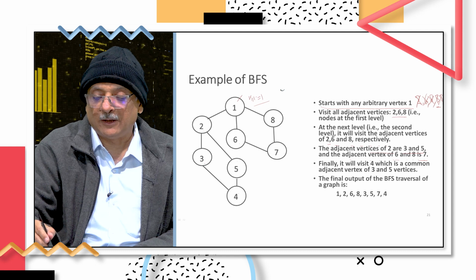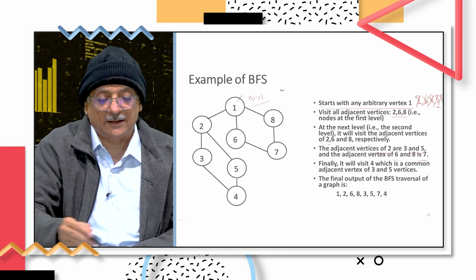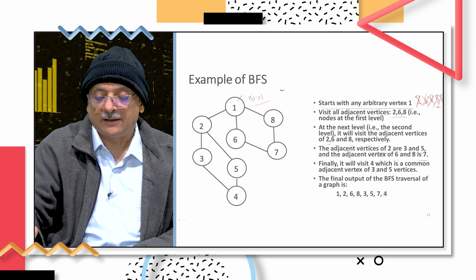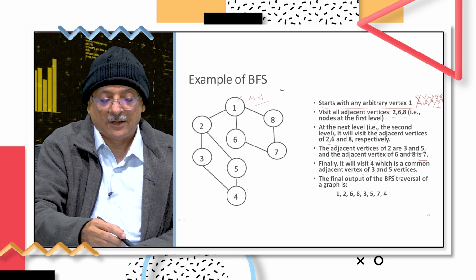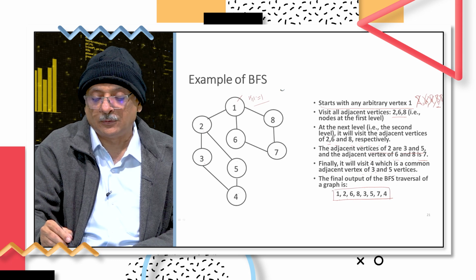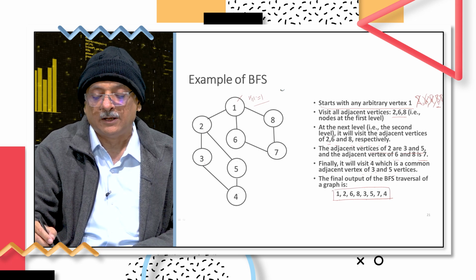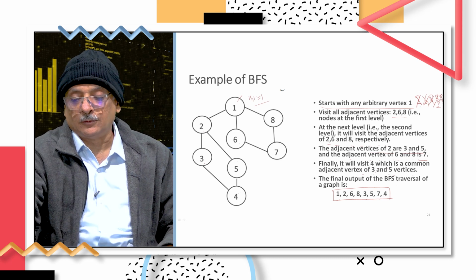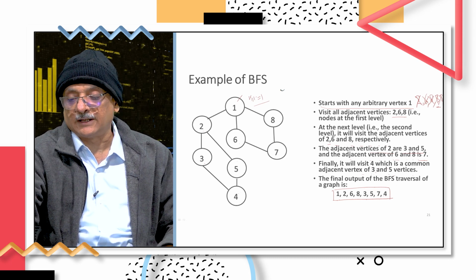And finally, it will be 4, which is at the third level, we will be inserting 4 into the queue, and then marking it as visited, and thereafter we will be getting this in our print order, that is 1, 2, 6, 8, 3, 5, 7 and 4.